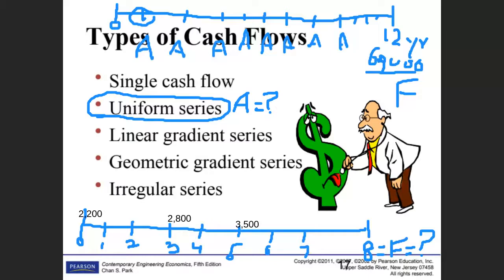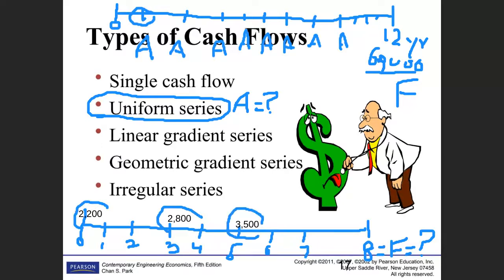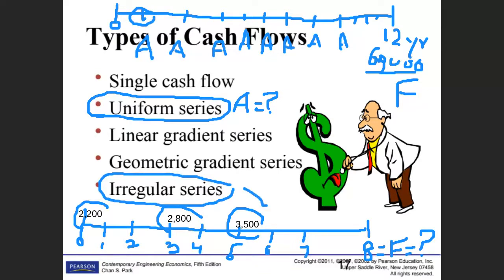This is the question. Now if you look at this, what is the type of series? Is it a geometric gradient, a linear gradient? Can we say no? It is not increasing by a certain equal amount. This one is an irregular series. There is no pattern, right? This example is this one. Okay, how do we solve it?